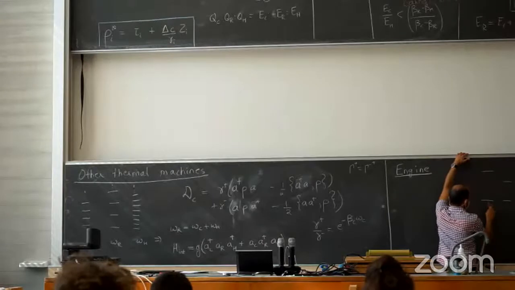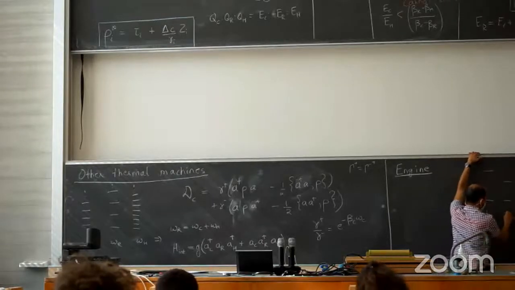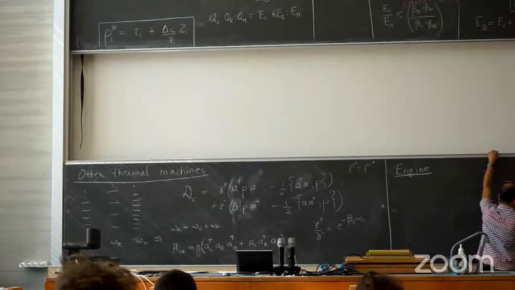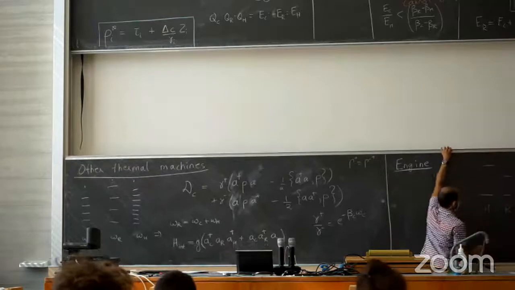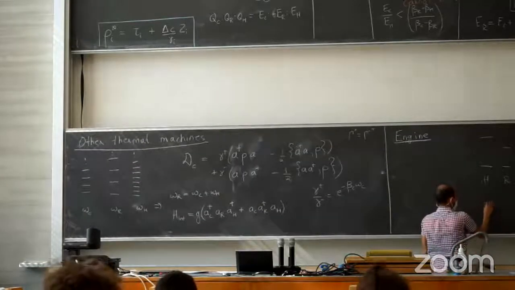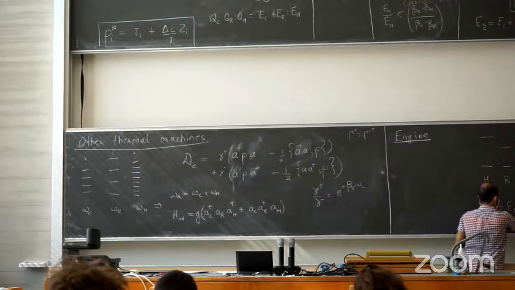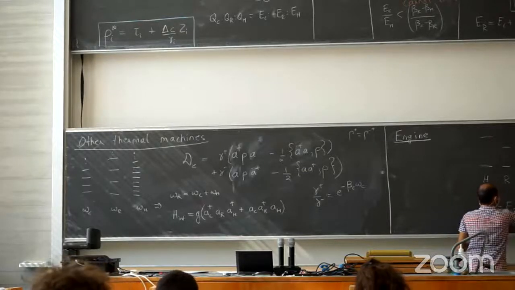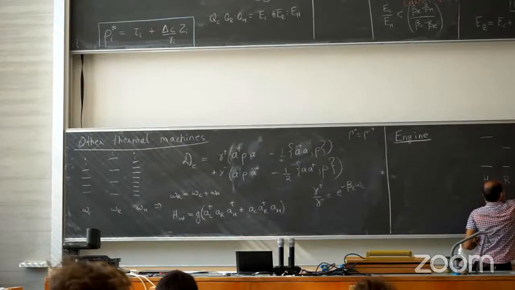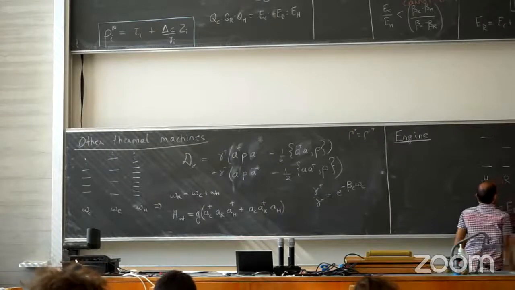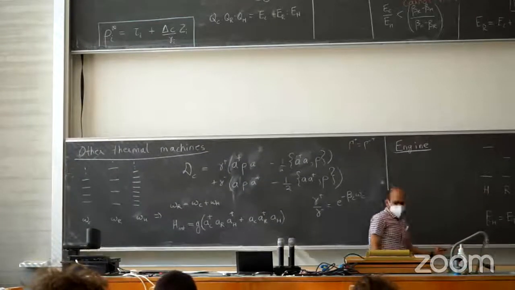So this is now going to be the hot one. This is now going to be room. And this I just call W. And we're going to have that E_H is equal to E_R plus E_W, where E_W is the energy gap here.